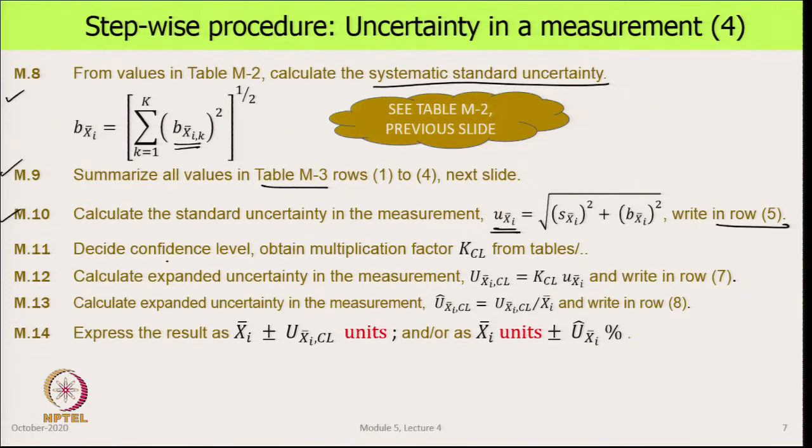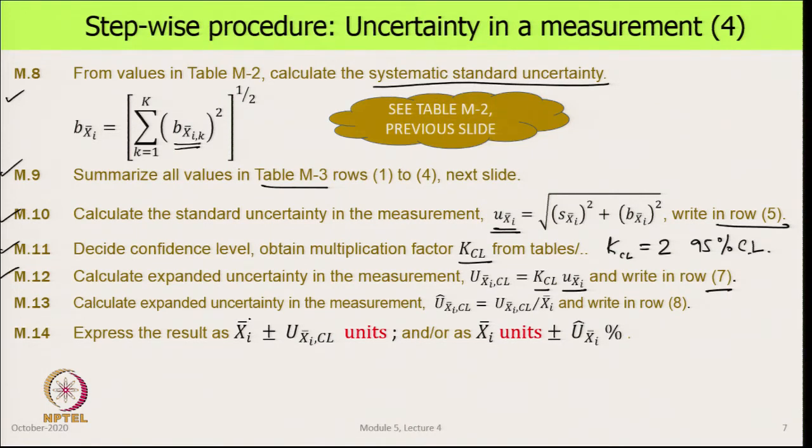Then we decide the confidence level, obtain the multiplication factor from the tables or data, and say that K_CL is equal to something. In our case, for 95% confidence level we will work with K_CL equal to 2. Then we calculate the expanded uncertainty in the measurement, which is the standard uncertainty multiplied by the multiplication factor, and we write the value in row 7.